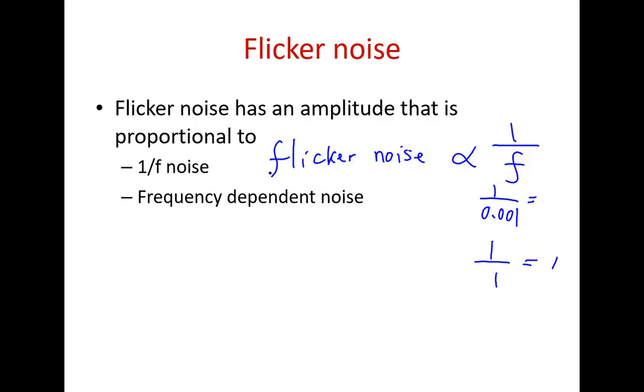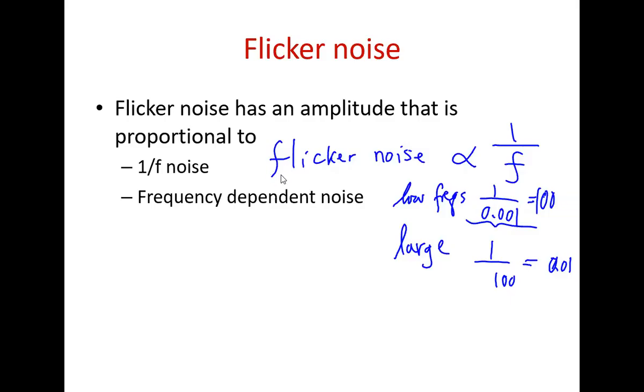So this is large. This is at low frequencies. And this is at large frequencies. I've given large. 1 is not large. Let's give 100 hertz. 100 hertz, that is 0.01. You can see flicker noise is much more evident. This is 1,000. At very low frequencies, you will see flicker noise.